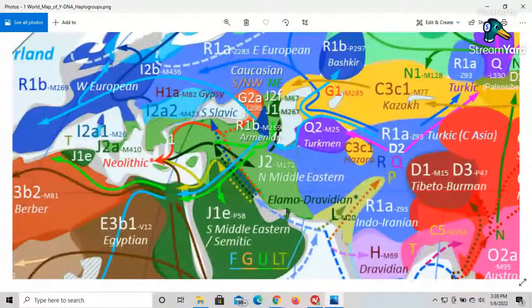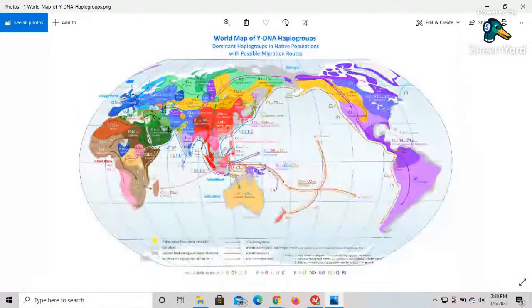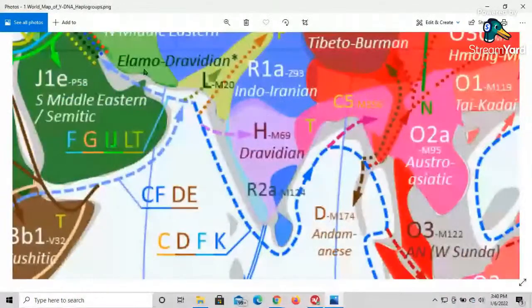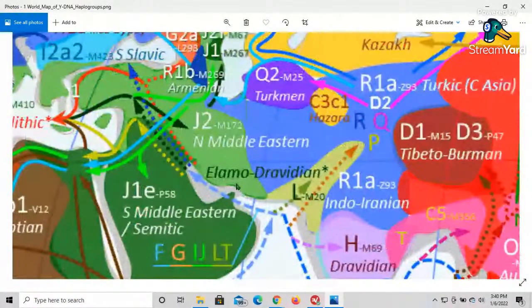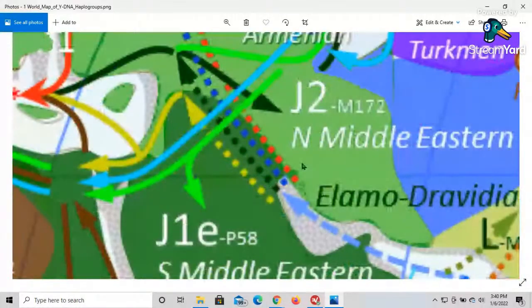Because we remember the Elamites. We remember studying the Bible about the Elamites, the Arameans, and the Assyrians, the Babylonians, of course.